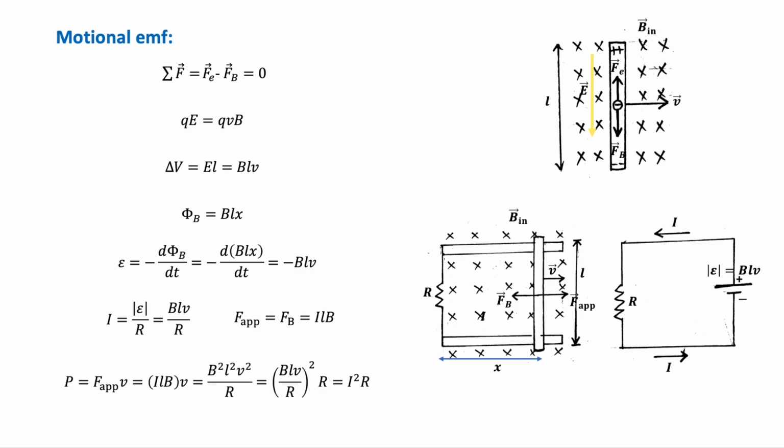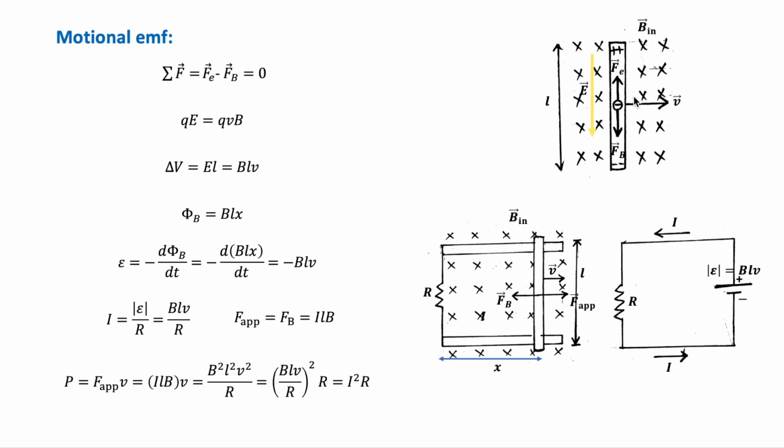We will now consider the motional electromotive force, which is the electromotive force induced in a conductor when it moves in a magnetic field. So consider the conductor shown here moving with a constant velocity that is perpendicular to a uniform magnetic field directed inwards into the page.